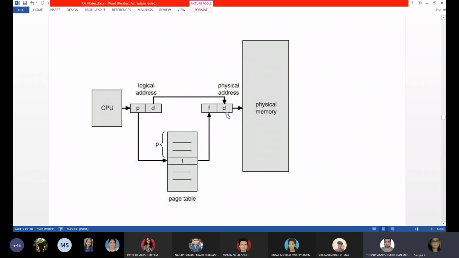Can anyone say how these two offsets can be the same? See, this page number is different from this frame number, but this displacement is the same as this displacement. You just take this number. For example, if this is a 10-bit binary number, the same 10-bit binary number will come here as the address.